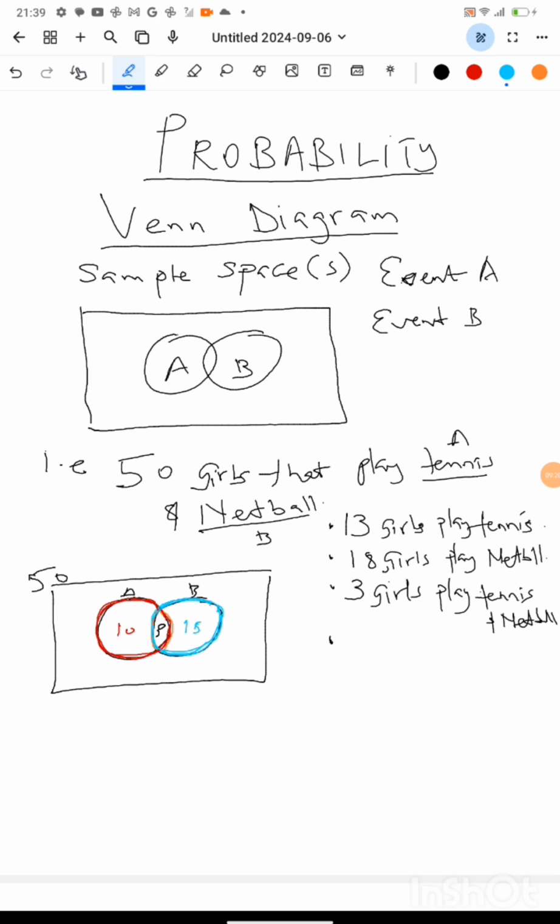So you don't come and put 15 here. That would be wrong. Because now you are putting 15 and then you put a 3 as well in the middle, then you will have a total of 18 in circle A. So it shouldn't be done that way.